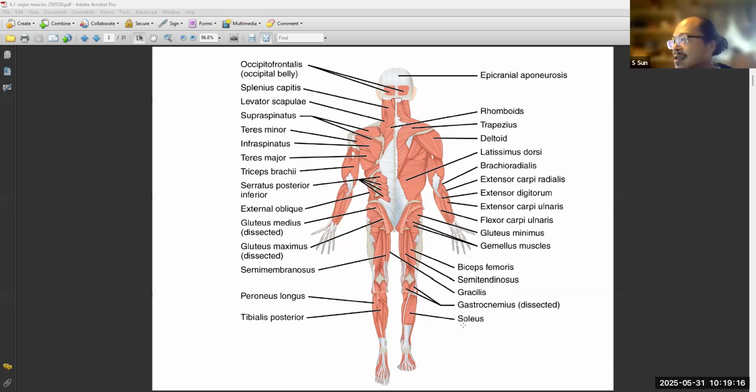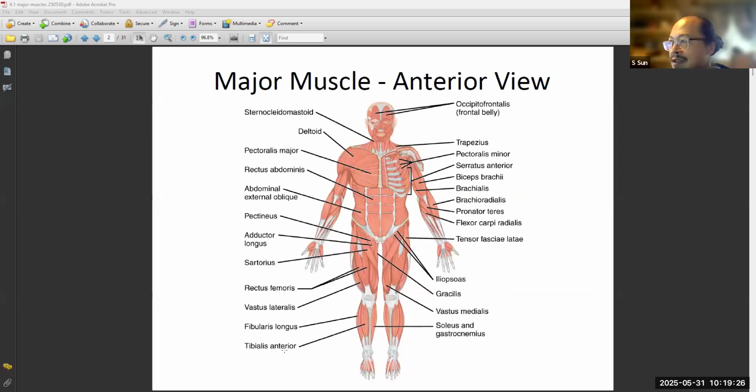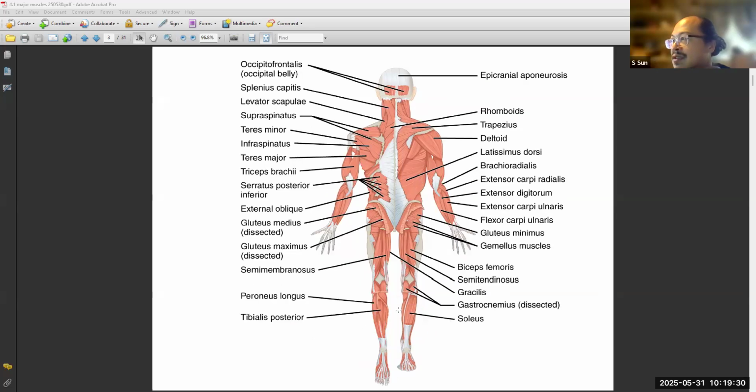Underneath that is the soleus, and underneath the soleus is the tibialis posterior, because the one before is tibialis anterior and the one after is tibialis posterior. On the lateral side here is the peroneus longus. So that's a major muscle.